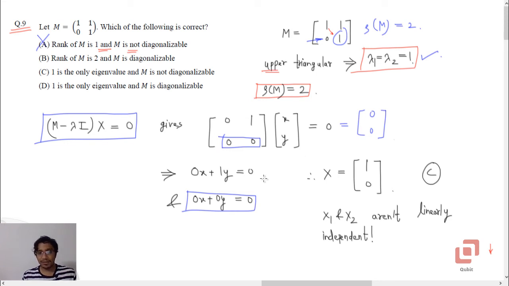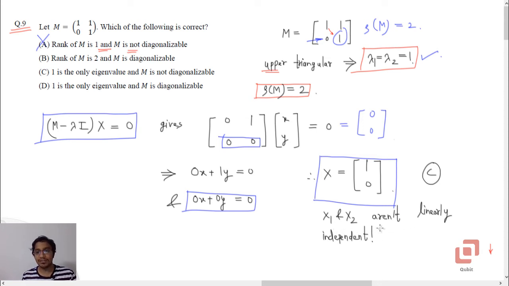This means y must be 0 and x can be anything. So all the eigenvectors of our matrix will be parallel to the x-axis. One of them is going to be 1 0. So clearly for our eigenvalues 1 and 1, we cannot have linearly independent eigenvectors.